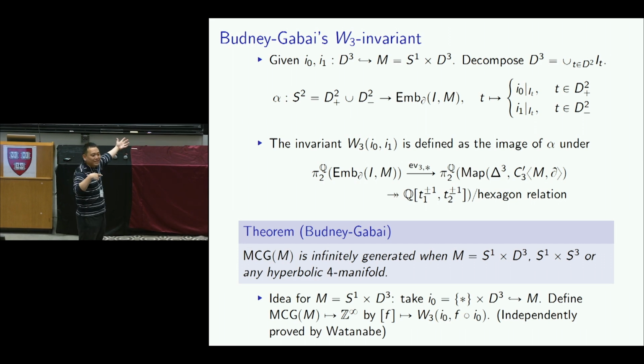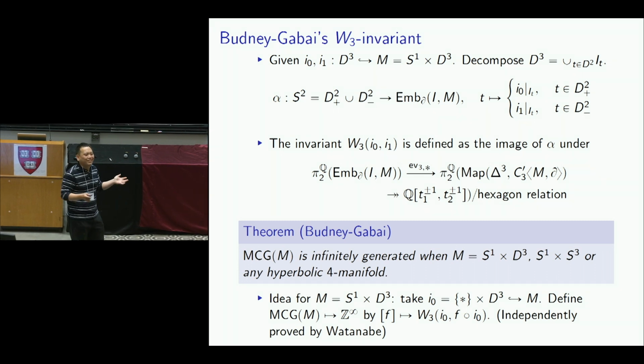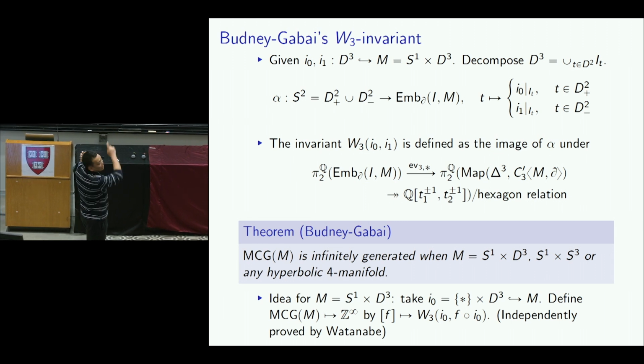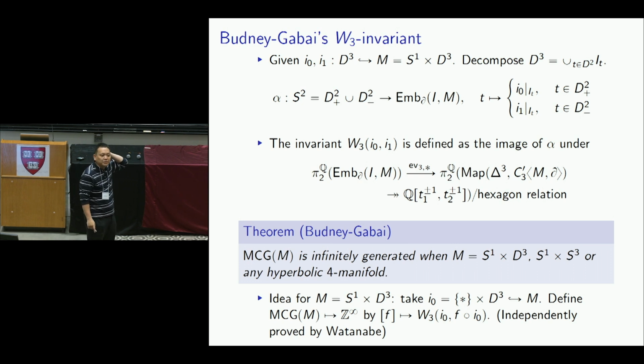But if it is indeed an embedding, then you can choose any decomposition. They're all homotopic to each other. Here, they are just considering embedded three-dimensional disks, so the direction doesn't really matter.